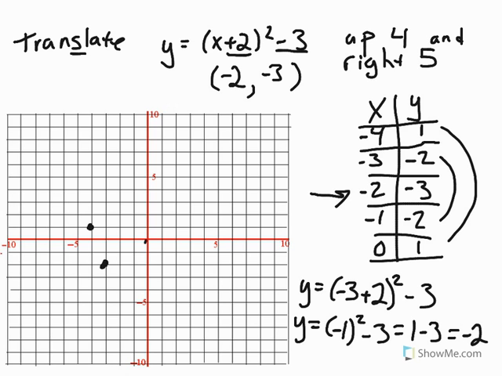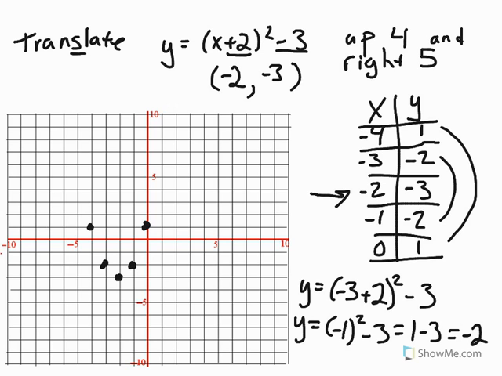The next point is negative 2, negative 3, which is my vertex. So I'm going to the left 2 and down 3. And then I do negative 1, negative 2. So I go to the left 1, down 2, and right there. And the next point that I do is 0, 1. So I don't move to the left or right at all, and I just go up 1.